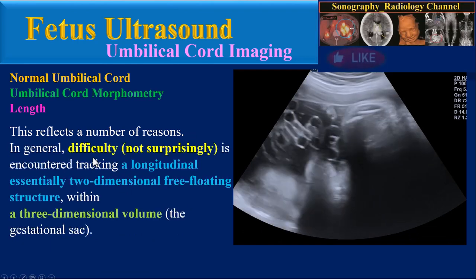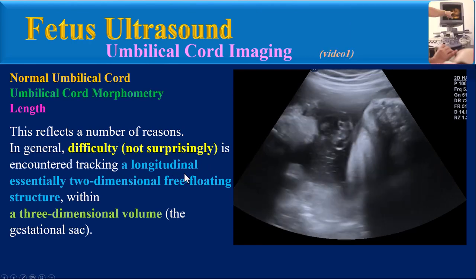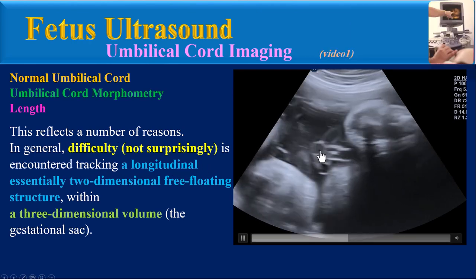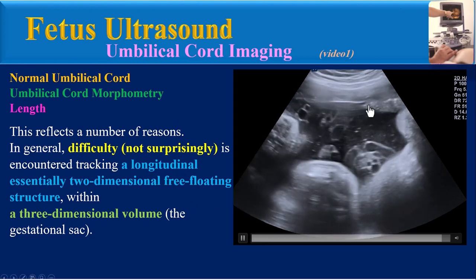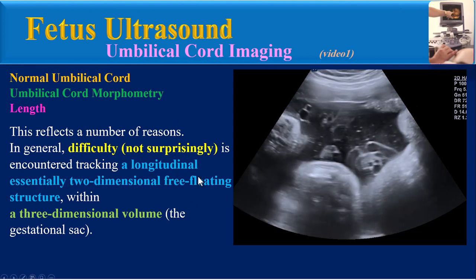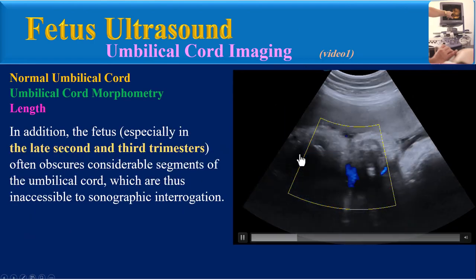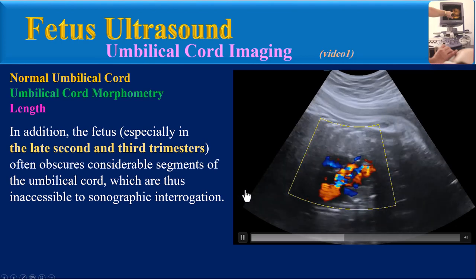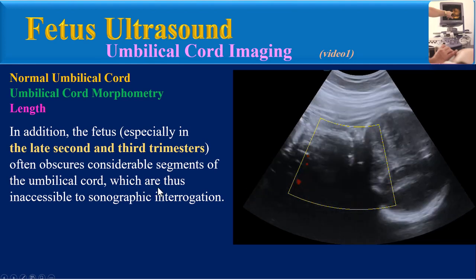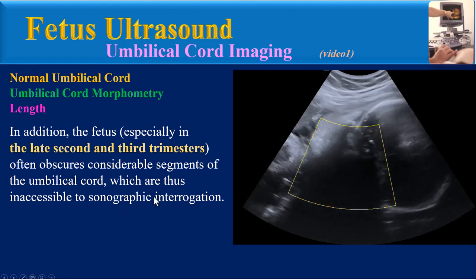In general, difficulty, not surprisingly, is encountered tracking a longitudinal, essentially two-dimensional free-floating structure within a three-dimensional volume that is the gestational sac. In addition, the fetus, especially in the late second and third trimesters, often obscures considerable segments of the umbilical cord, which are thus inaccessible to sonographic interrogation.